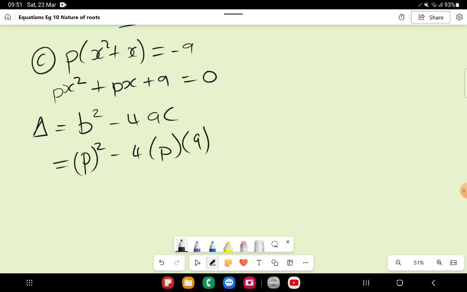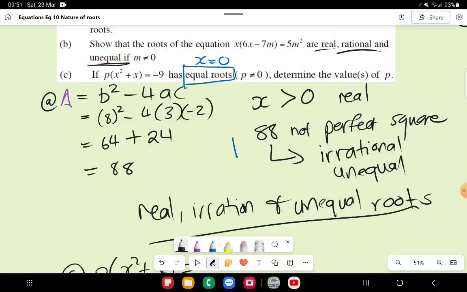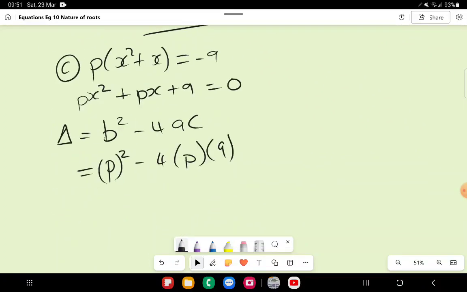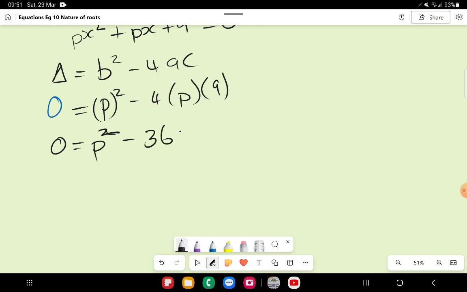And they already told me that it is equal roots. Equal roots means delta equals 0. So I can now input here that this is equal to 0. Now I can expand and say 0 is equal to p squared minus 4 times 9 is 36p.